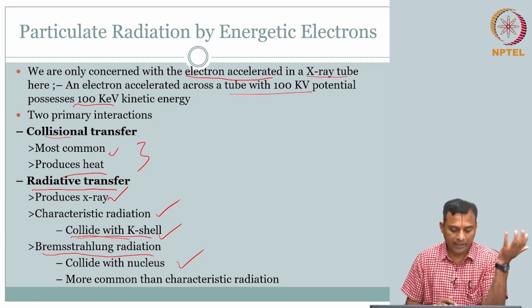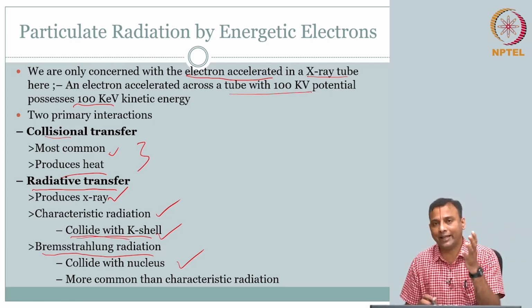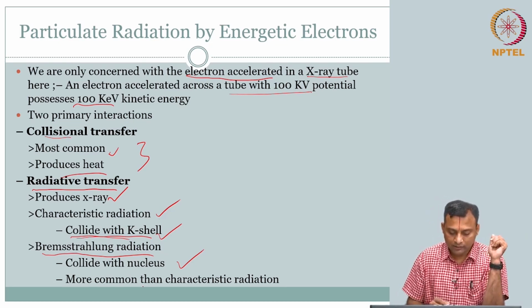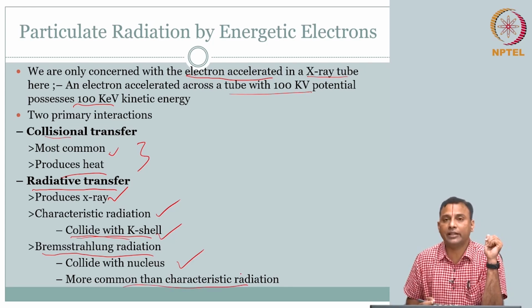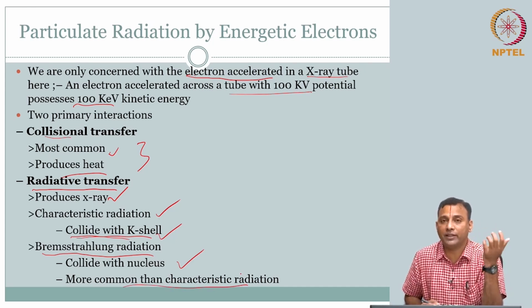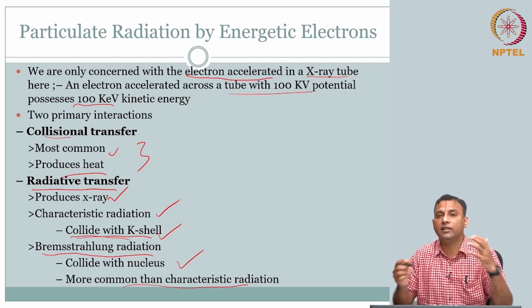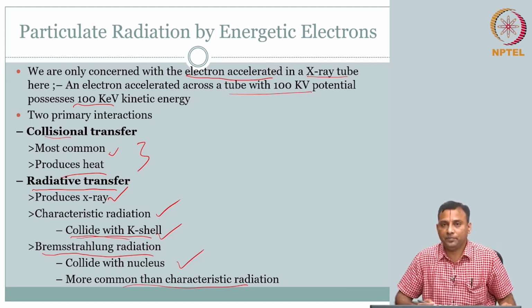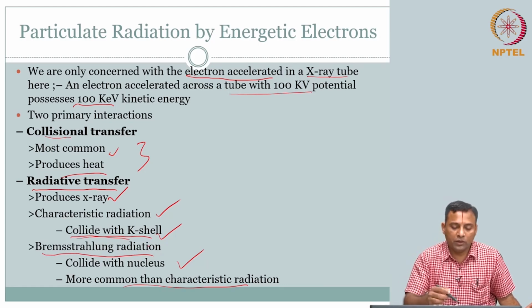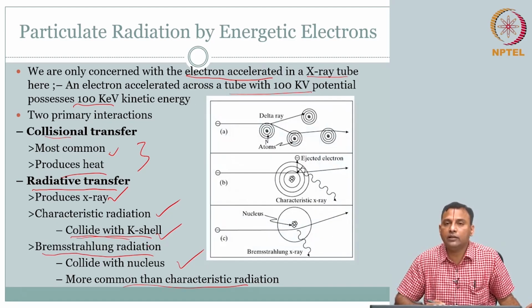At that time energy is released, and that turns out to be in the X-ray energy level, and this is more common than characteristic radiation. So from an X-ray tube, for example, it's actually the Bremsstrahlung radiation that mostly gives us the energy.